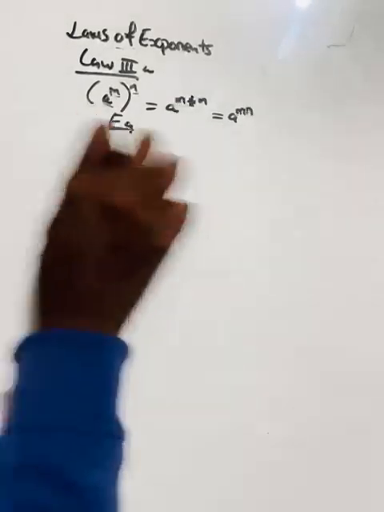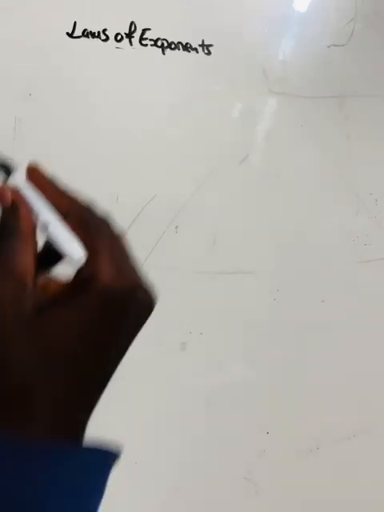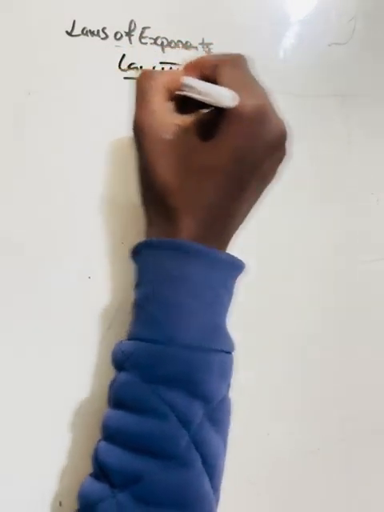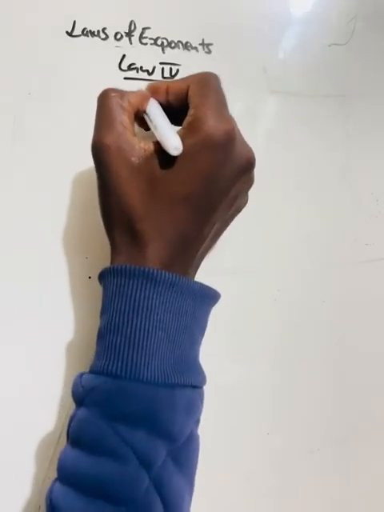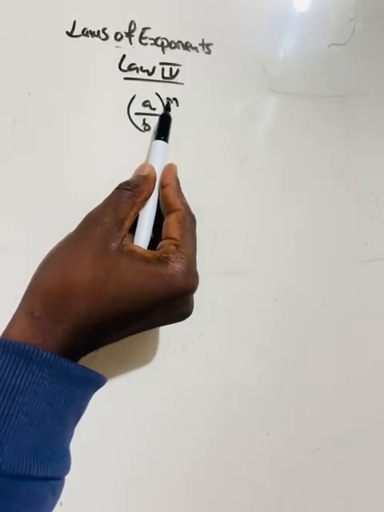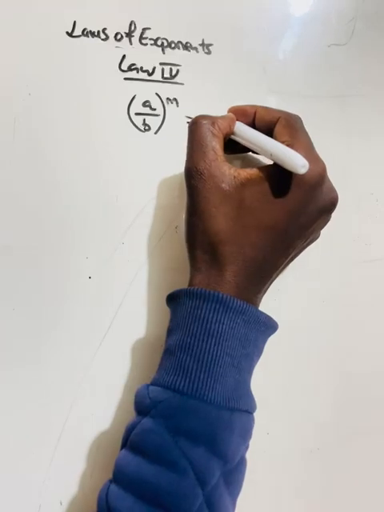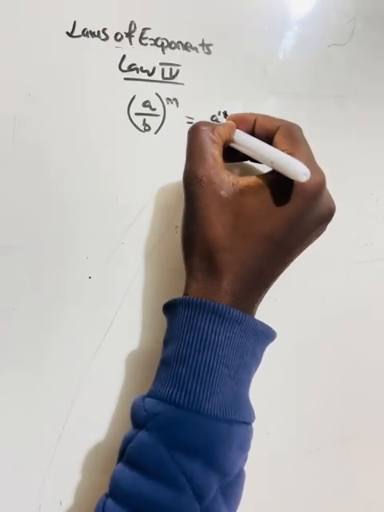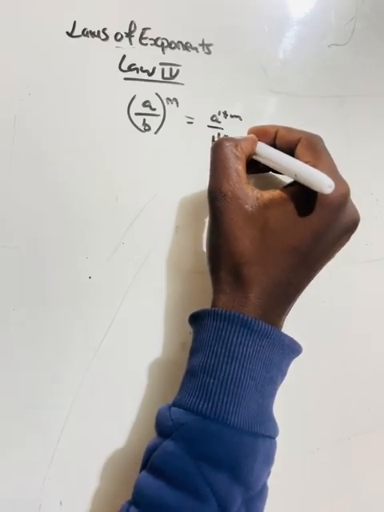Let's go to the fourth law, the final law. Law number 4, we are now dealing with fractions. So if you are given a over b, and then they say to the power m, this exponent affects the numerator as well as the denominator, meaning to say that I will say a to the power 1 multiplied by m over b to the power 1 multiplied by m.